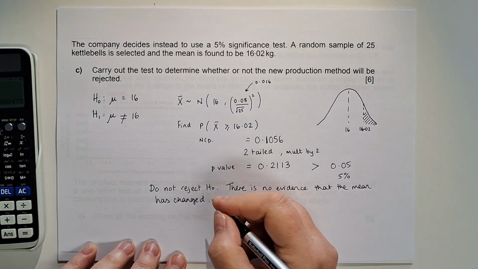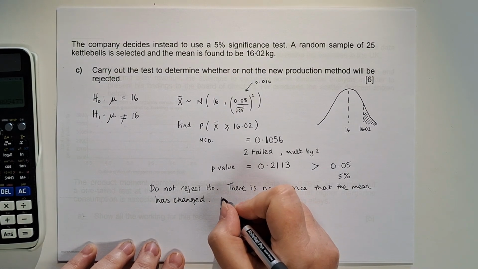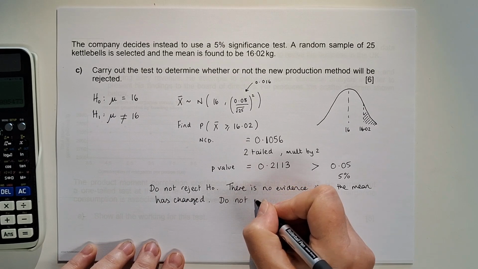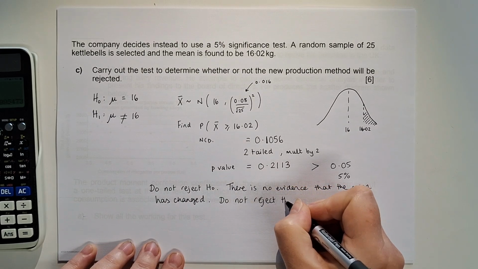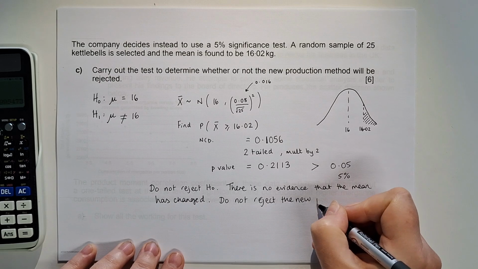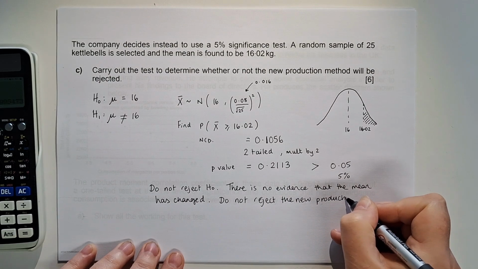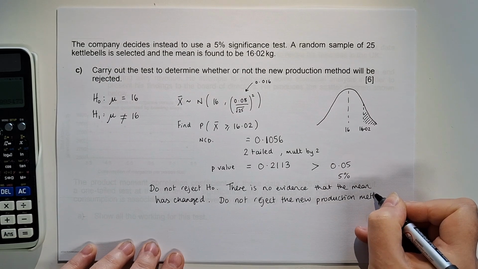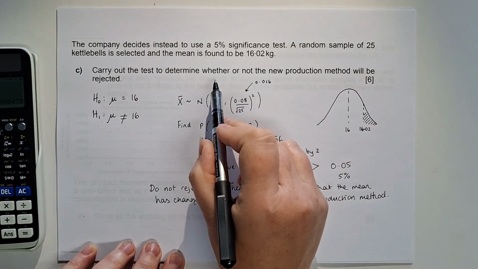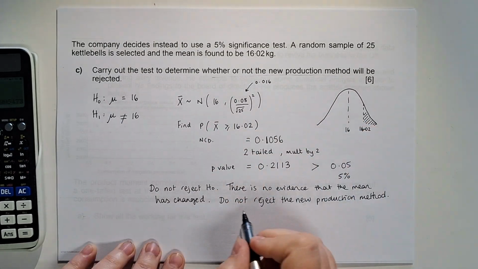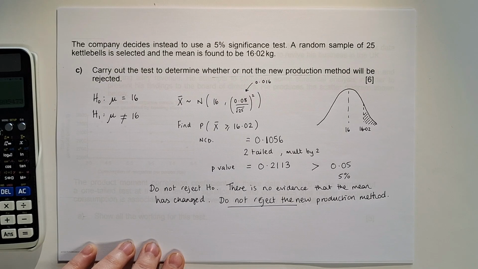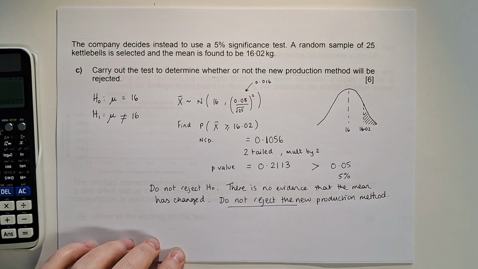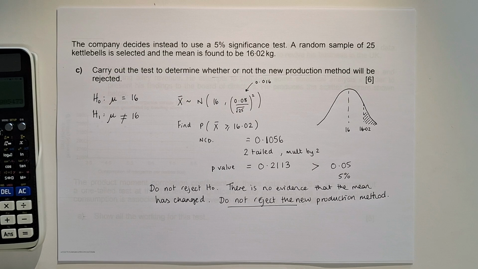So there's no evidence to reject the new production method. So whether or not the new production method will be rejected, we're not going to reject the new production method.